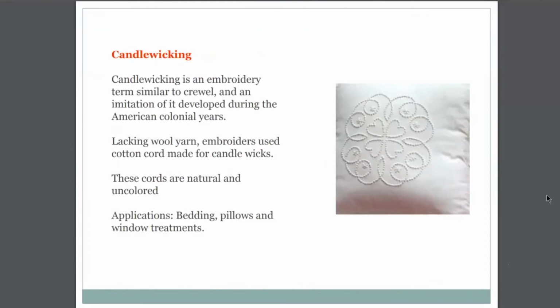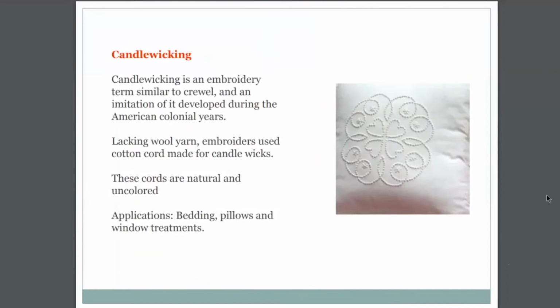So candle wicking is basically the poor man's crewel. It's a decorative stitching or a decorative embroidery again. But candle wicking was more associated with American colonial years. Back in Europe, people saw examples of beautiful crewel embroideries.